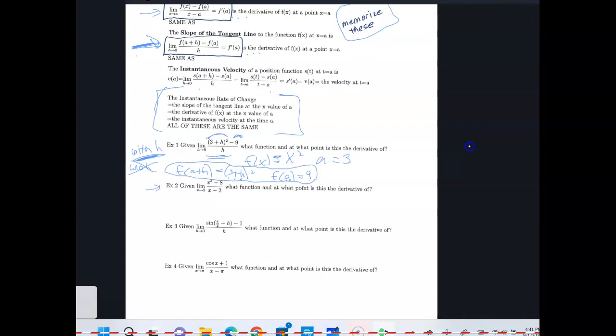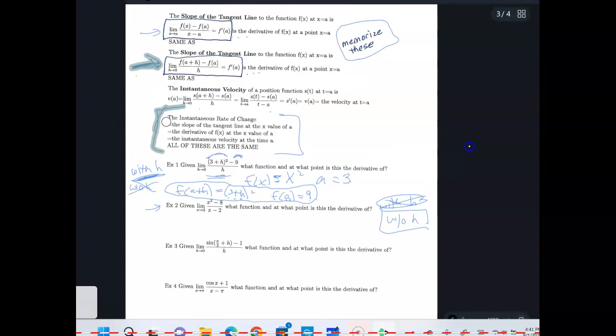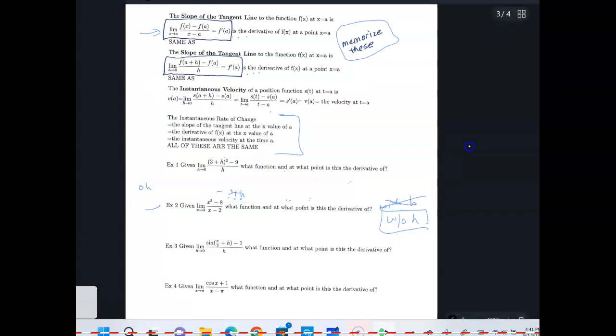Let's look at this one. Is this with h or without h? This is without h, right? So let me come up here and get rid of some of these lines. If I'm going without h, I'm looking for what the f of x is and what the a is.